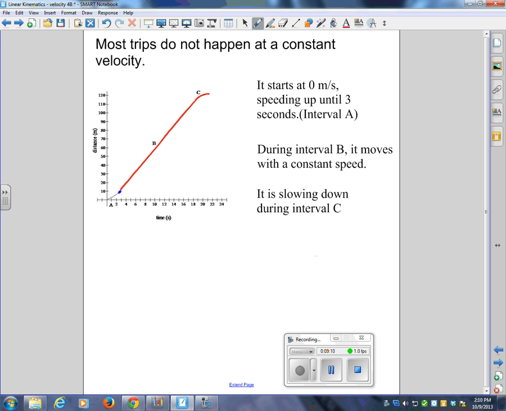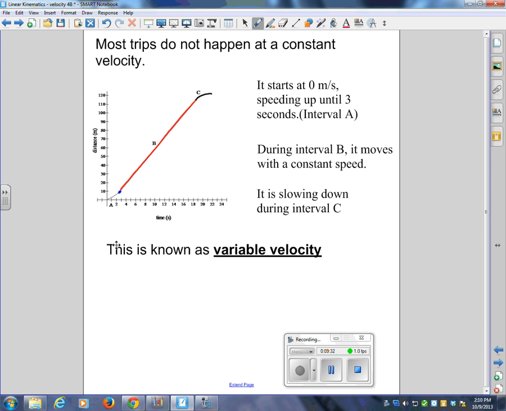How can I tell that it's slowing down right here? Yeah, it starts to flatten off, right? If it stopped, then it would be completely flat. What do you think we call this from the crossword puzzle? How about variable velocity?